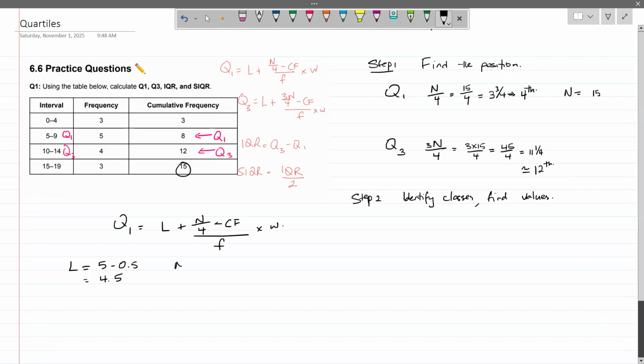N over 4 is going to be the 4th position. Our cumulative frequency of the class before the modal class will be 3. The frequency of this particular class is 5. And my class width, 9 take away 4 is 5, plus 1, so 5.